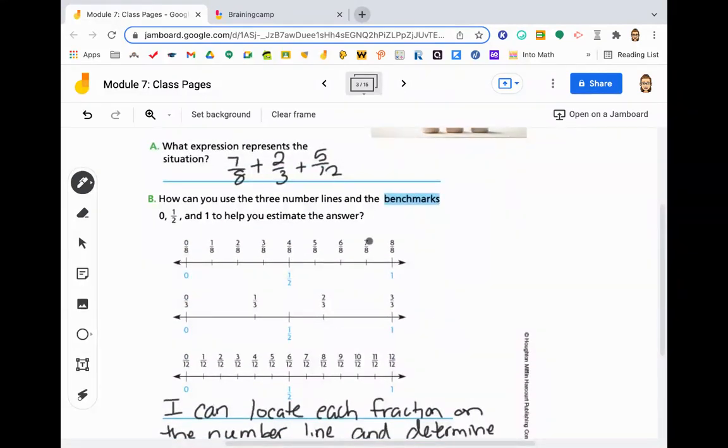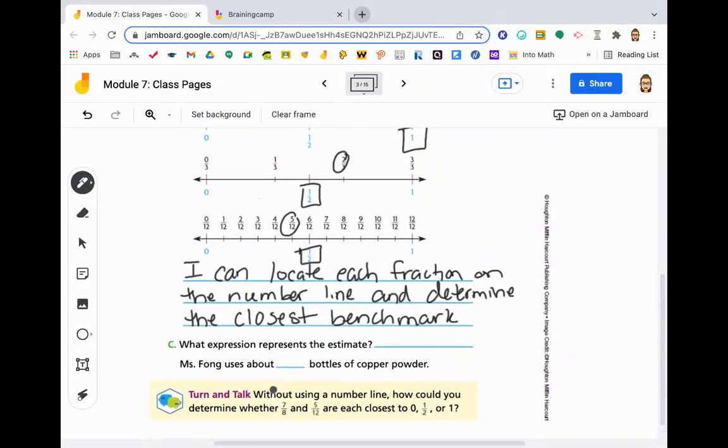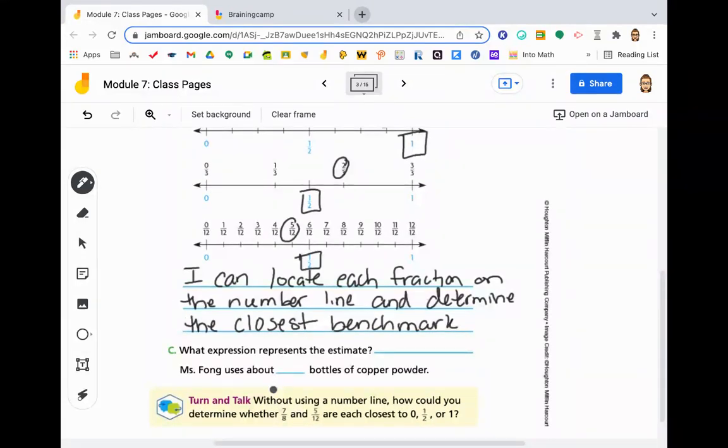So if 7/8 is here, the closest benchmark would be 1. 2/3 is here, so the closest would be 1/2. If 5/12 is here, the closest benchmark would be 1/2. So our expression would be 1 plus 1/2 plus 1/2, which equals 2. Then we can go to the next page.